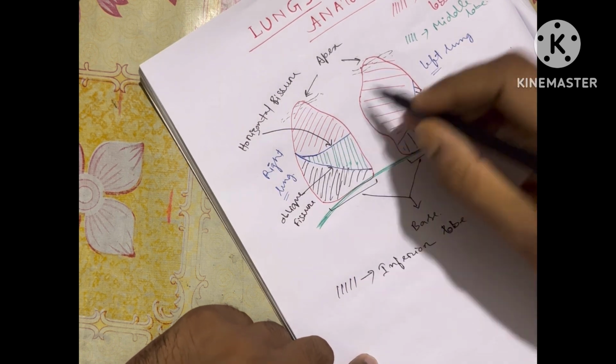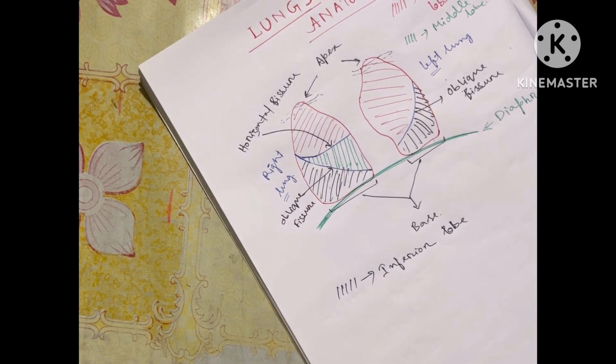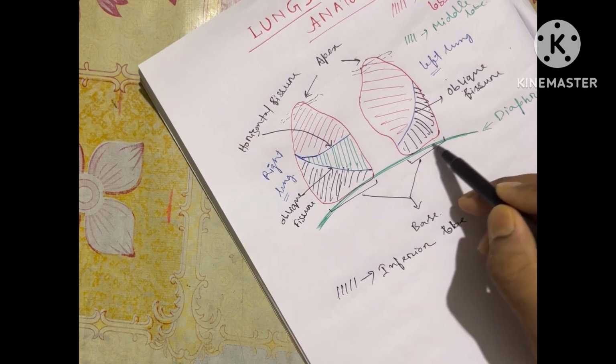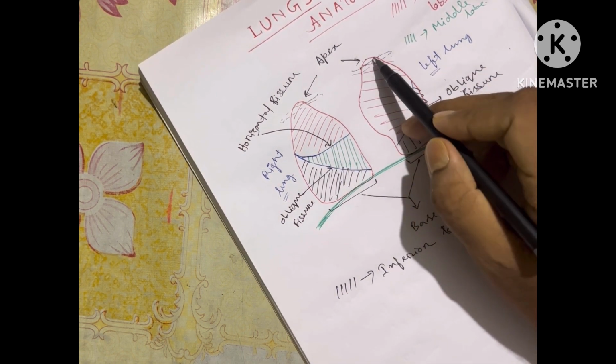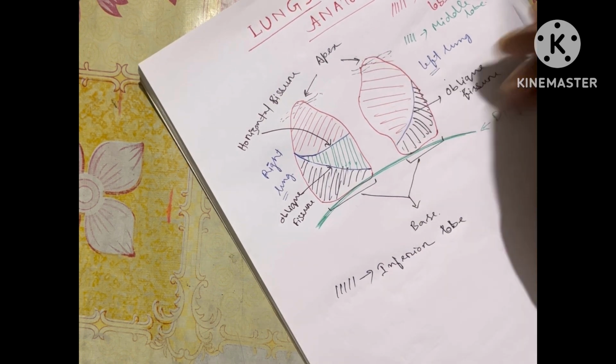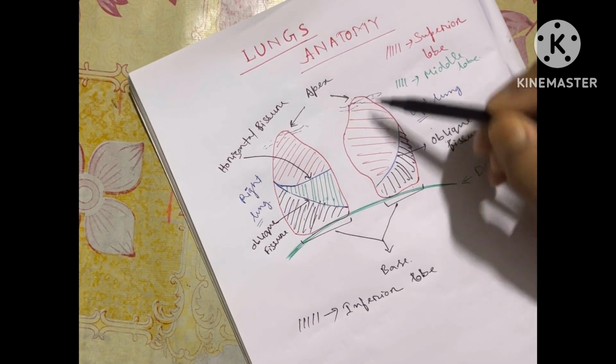So these are the different features and lobes present in our lungs. The inferior border rests upon the diaphragm, and the superior border starts a little above our clavicles.